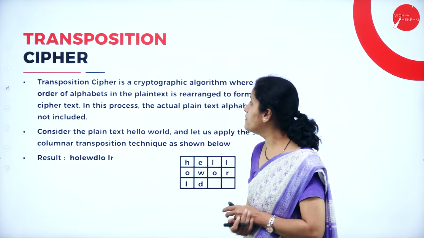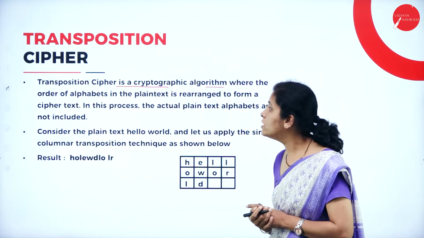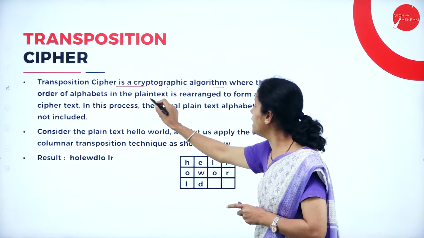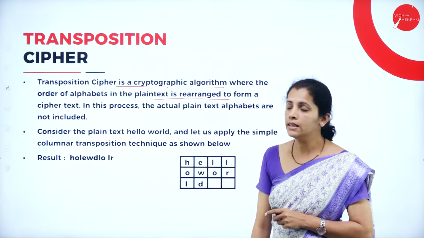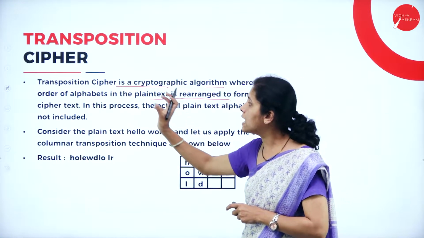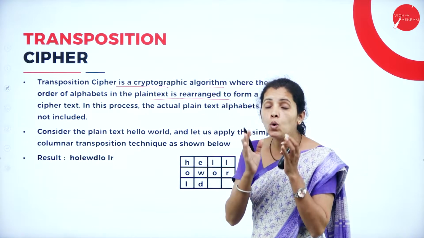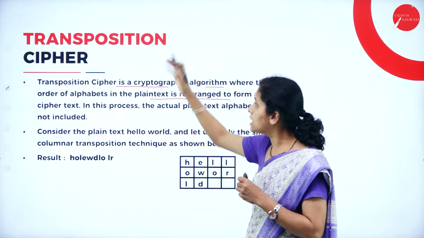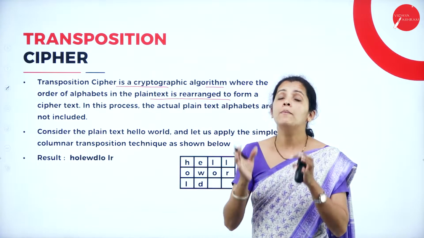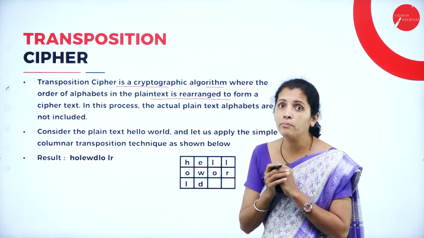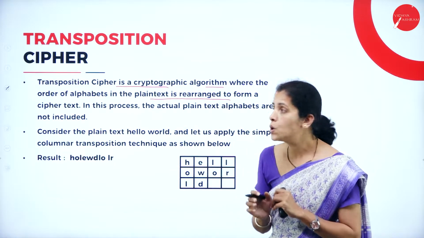A transposition cipher is a cryptographic algorithm where the order of the alphabet in the plain text is rearranged to form a ciphertext. In a transposition cipher, I'm going to rearrange the rows or columns. Whatever plain text I have, I represent it in the form of a matrix, and I transfer column to row and row to column.